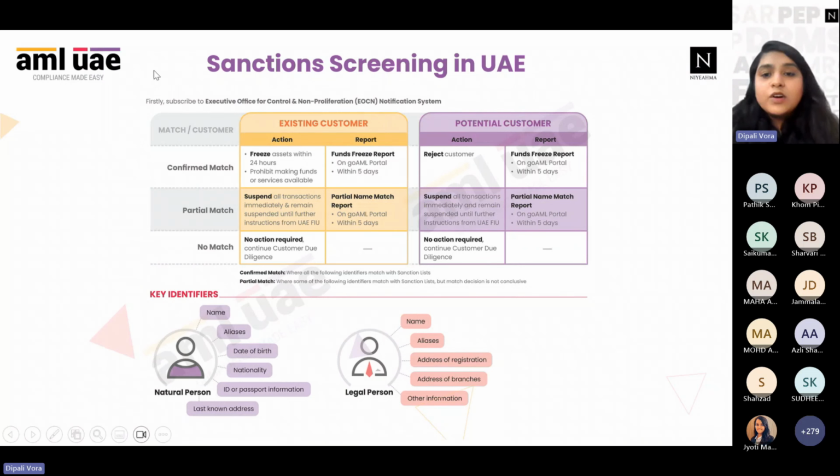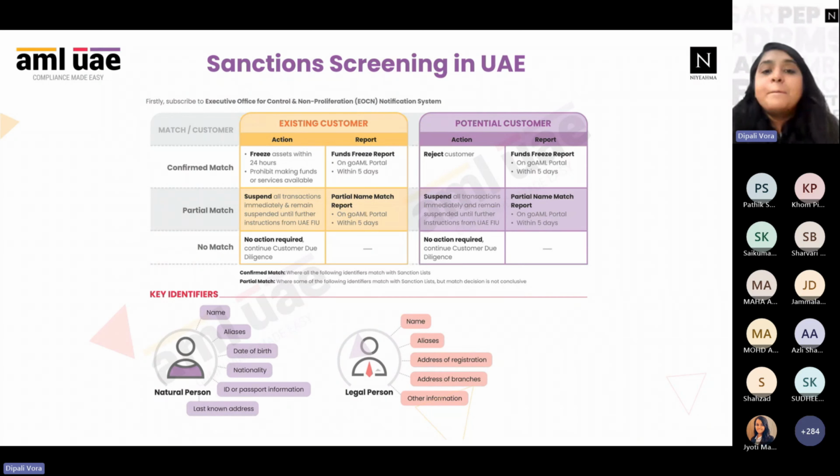If you come across any partial matches, we have to make sure we are suspending all transactions with them, and you file a partial name match report within 5 days. So the fund freeze report is for confirmed matches, where 100% of the key identifiers are matching. For those names where the key identifiers do not match 100% and you're not able to decide a yes or a no, a partial name match situation will arise.